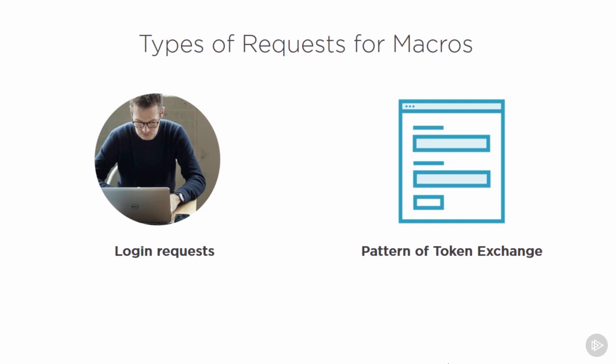Now, another great example for using macros is to copy the pattern of capturing anti-CSRF tokens. A common design pattern used to implement anti-CSRF tokens is to provide a server-generated value, then place that value in a hidden field of a form. Upon client submission of that form, a validation check is done on the server side to determine a match between the initially generated value and the value presented in the hidden field.